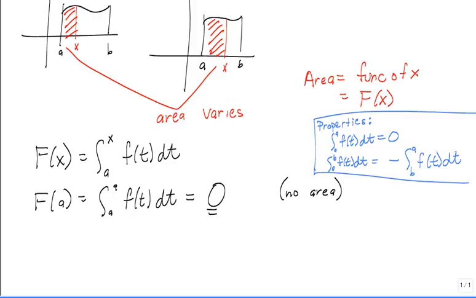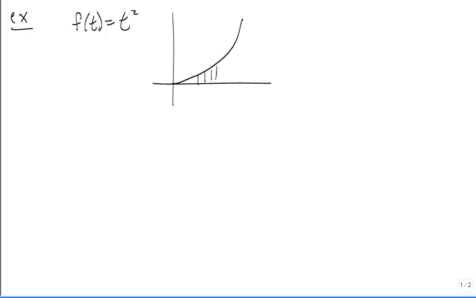Alright. So, for example, let's try a specific case that we can see a picture of. My example is f(t) is t squared. So we know that's a parabola, and we're going to start this at 0 and go to x. And this is t squared.